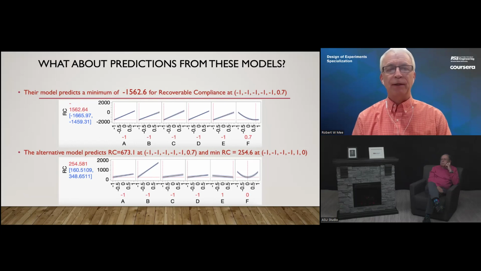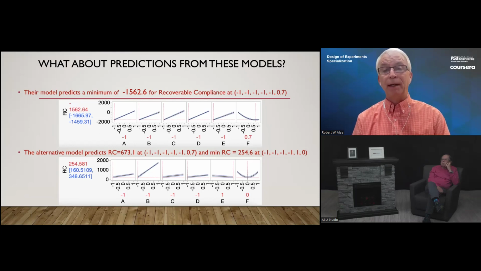What about the alternative model that I've proposed? At the combination their model pointed to as optimum, we get a predicted RC value, recoverable compliance, of 673, much more credible.